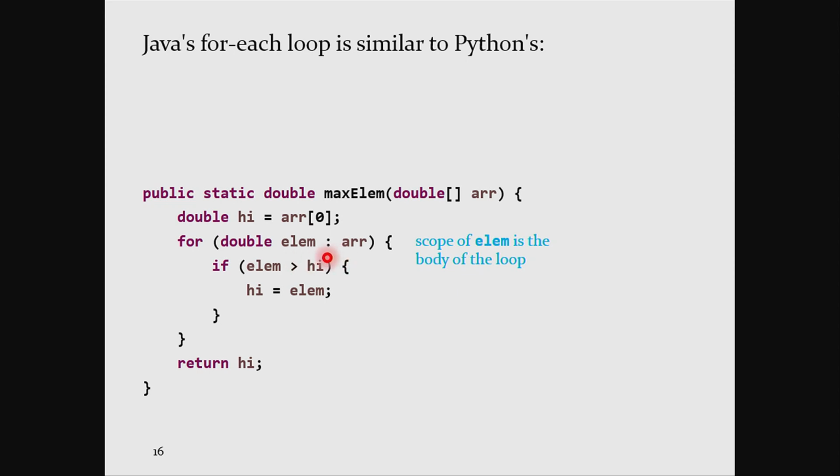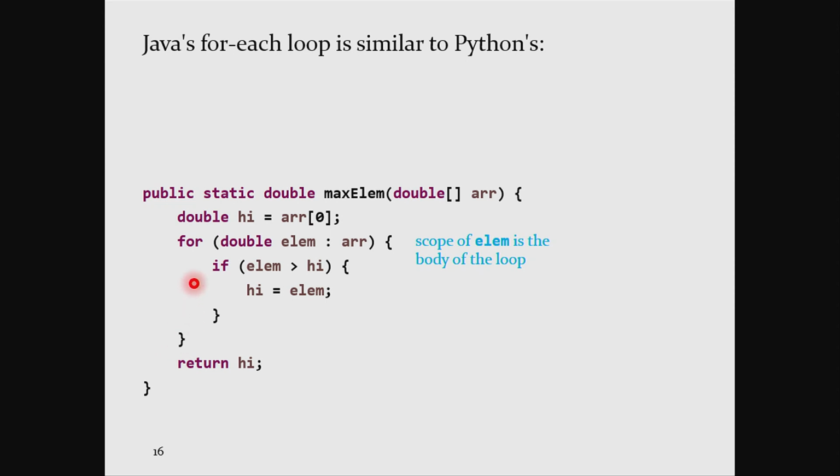You need the colon, and then you need an array on the right-hand side of the colon. And then in front of elem, you need the type of element that's in the array. So that says for each double element in the array ARR, brace, and closing brace down here.